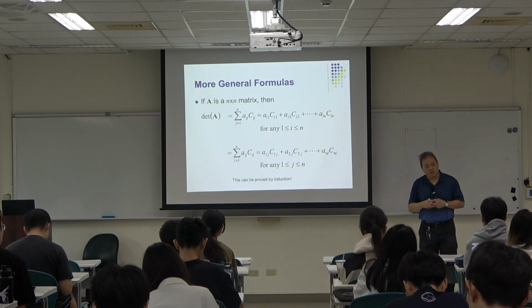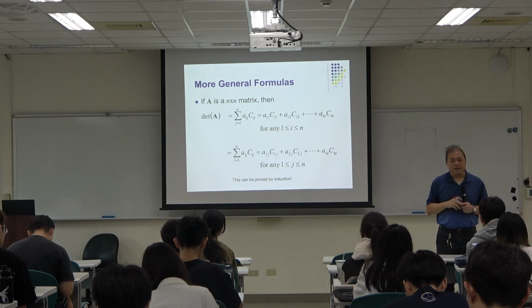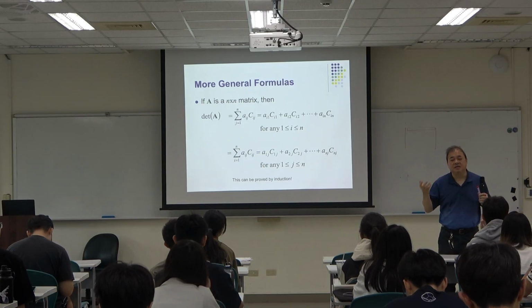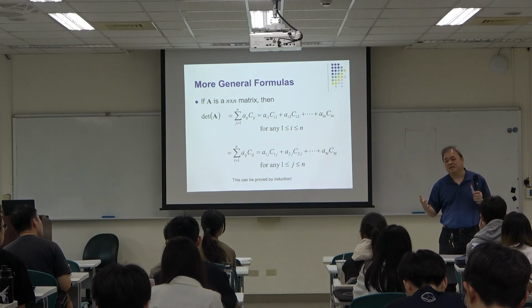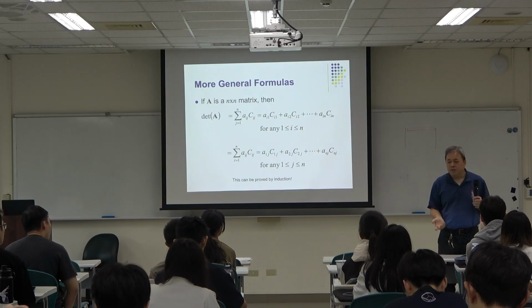Of course, we need to prove this by induction. As a starting point, we need to show the base cases, right? And base cases, obviously, we have to start from 2 rows, in order 2 by 2, right?